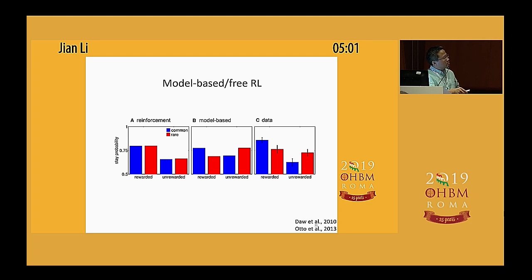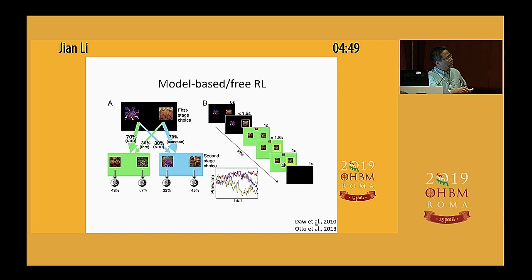For example, the model-free mechanism basically tells you that in a rare condition, the red one, if you choose this option, most of the time it goes here, but in a rare condition, it goes here. In this condition, if you receive a certain amount of reward, you know this action must be good, but then preceding this action is this one, so this one must be good, right?